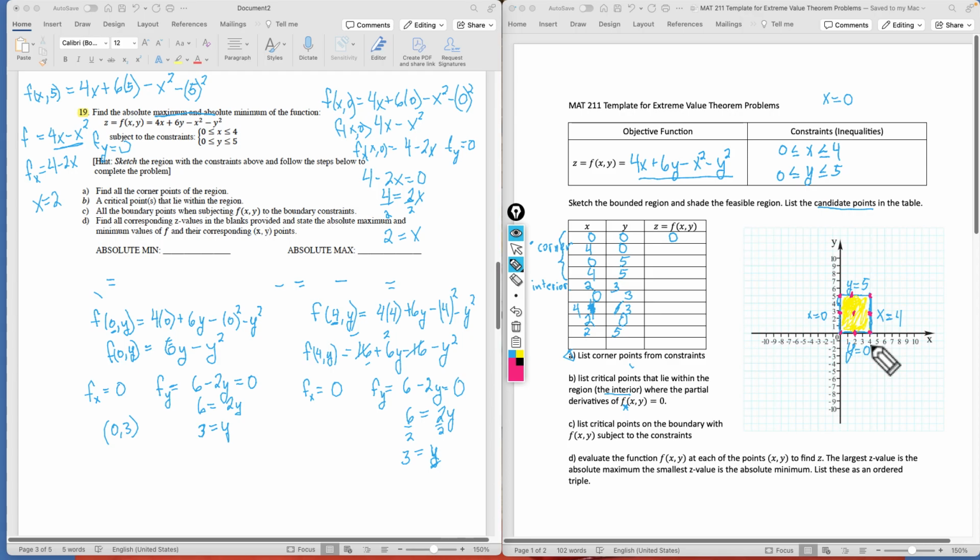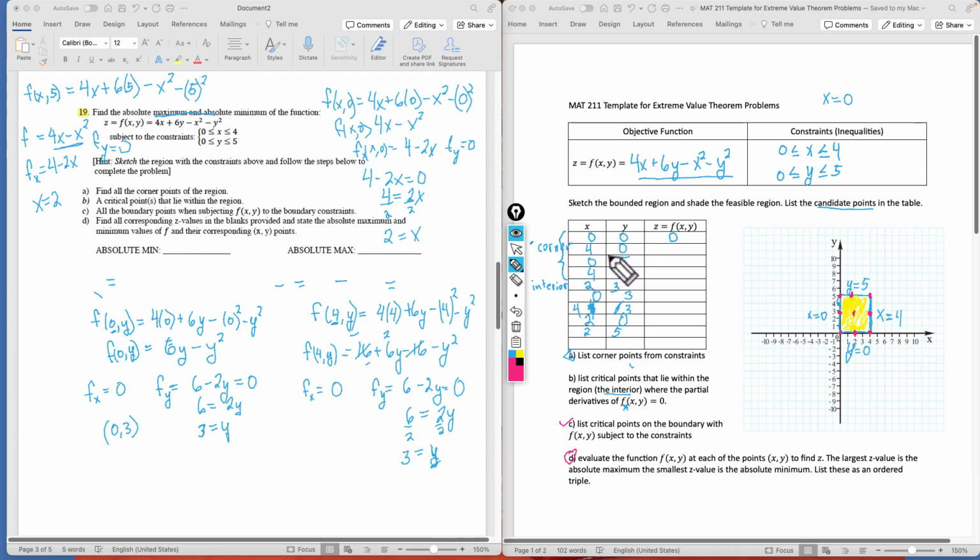One will be an absolute max and one will be an absolute min. And the way we find that, now that we did that, is this last step. We're going to evaluate the function at each of these points. So we're going to get all the z values. The biggest z value, that's our maximum. The smallest z value will be our minimum. So it's kind of tedious, but we plug in 4 for x and 0 for y.